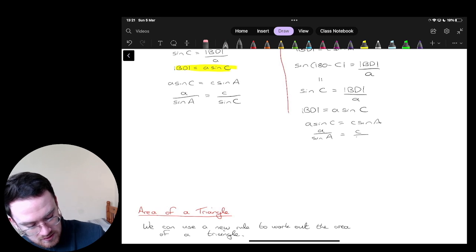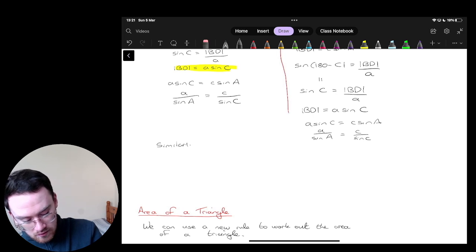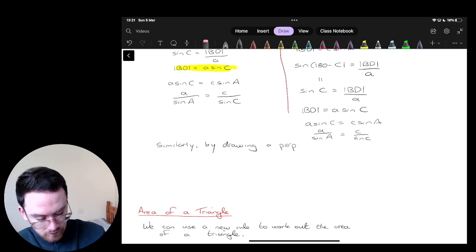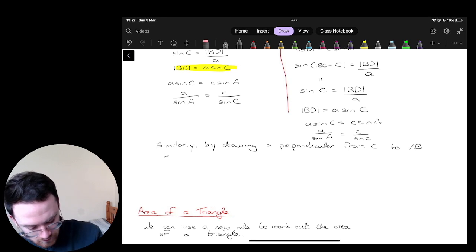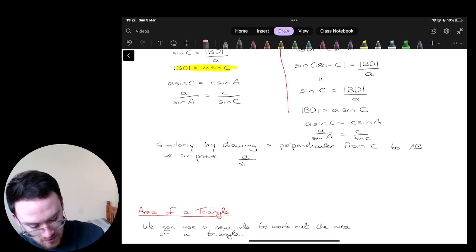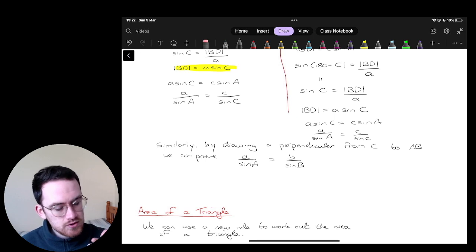Then we add a little note. Similarly, by drawing a perpendicular from C to AB, we can prove that A over sine A is equal to B over sine B. So we're making a note that if we were to draw that perpendicular line, we could prove this, but what it means is we don't have to.